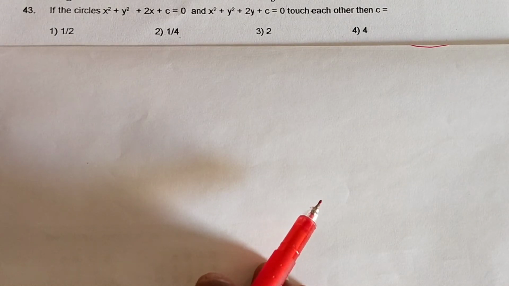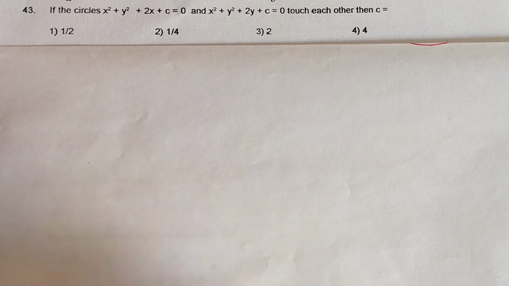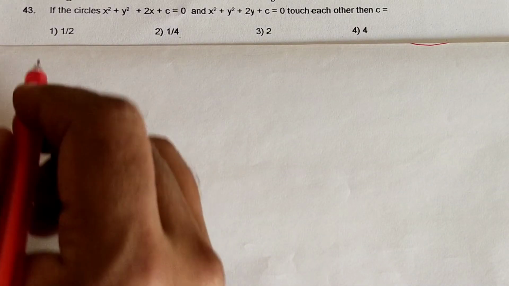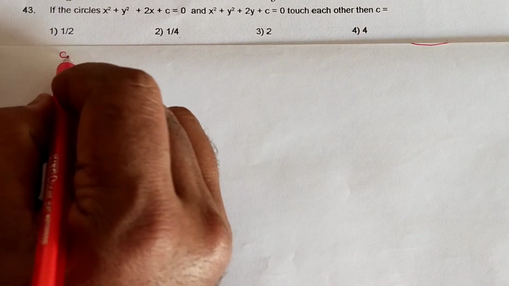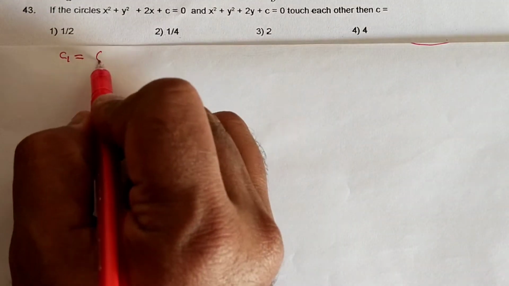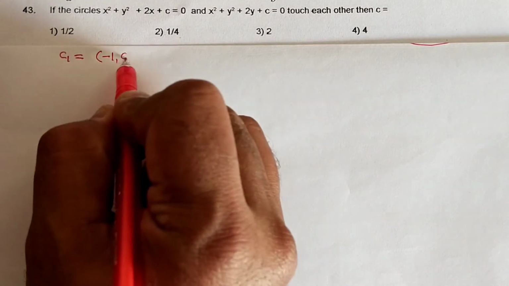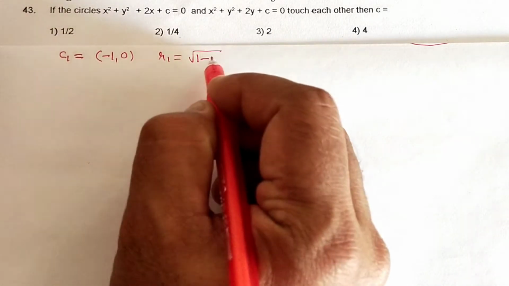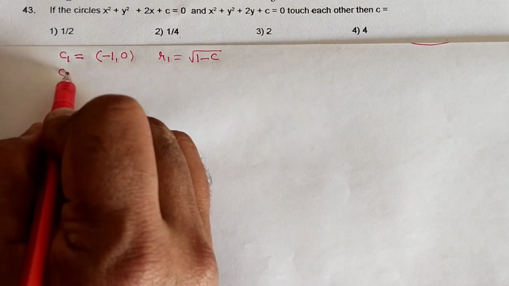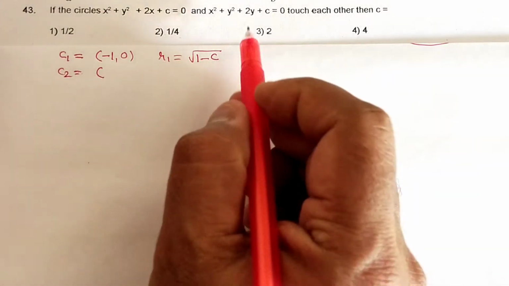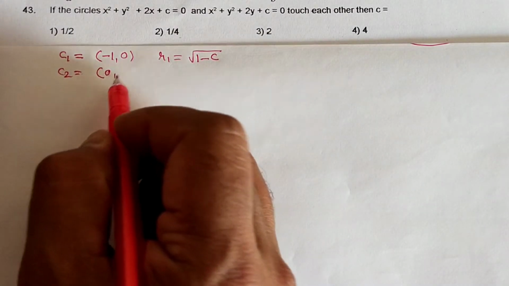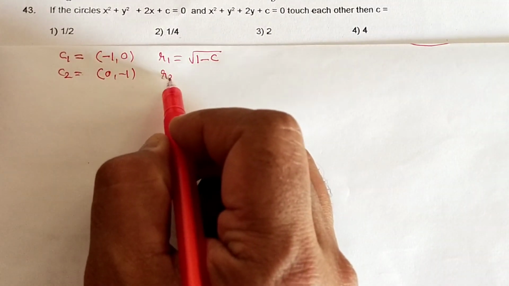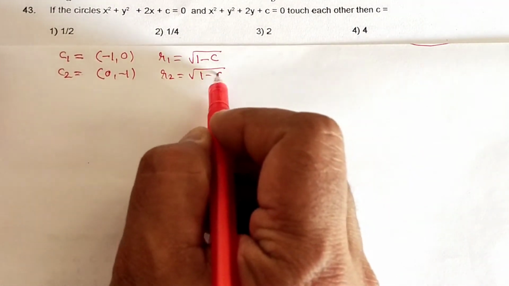Touch each other means whether externally or internally, but first we will take the external case. From the given circles, the first circle center C1 is (minus 1, 0) and radius R1 equal to square root of 1 minus c. The second circle center C2, here the x term is not there, so (0, minus 1) and R2, the second circle radius, is root of 1 minus c.